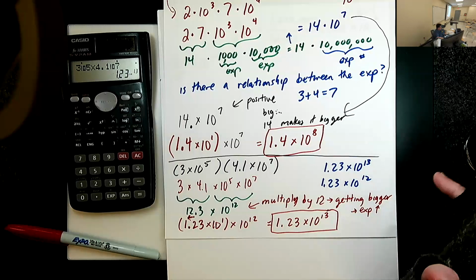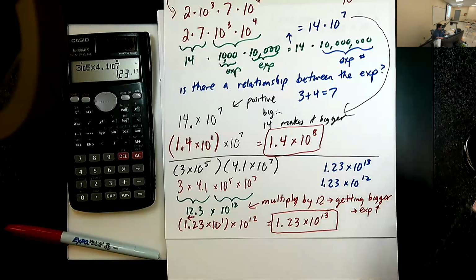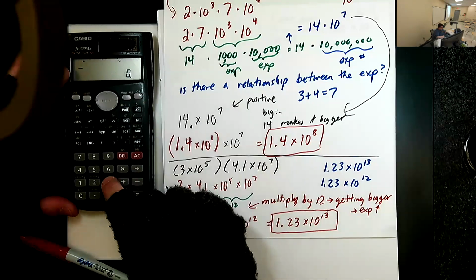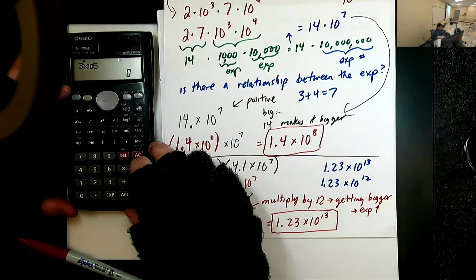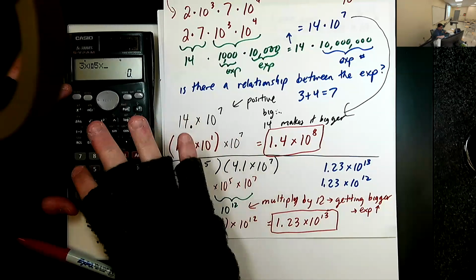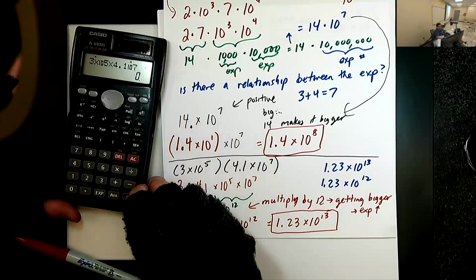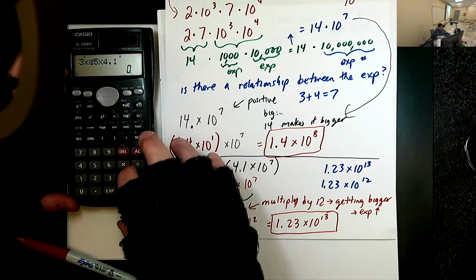Okay? So if you've got a calculator and you learn how to use that 10 to the x button, this will work good. You can put the x in there. I can say 3 times shift 10 to the 5, then times 4.1 shift 10 to the 7. I didn't do it again. Let's put the times in.